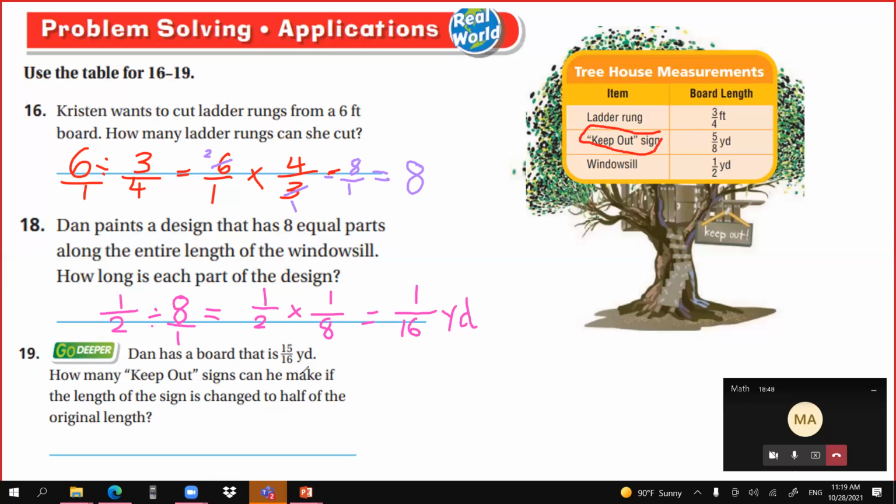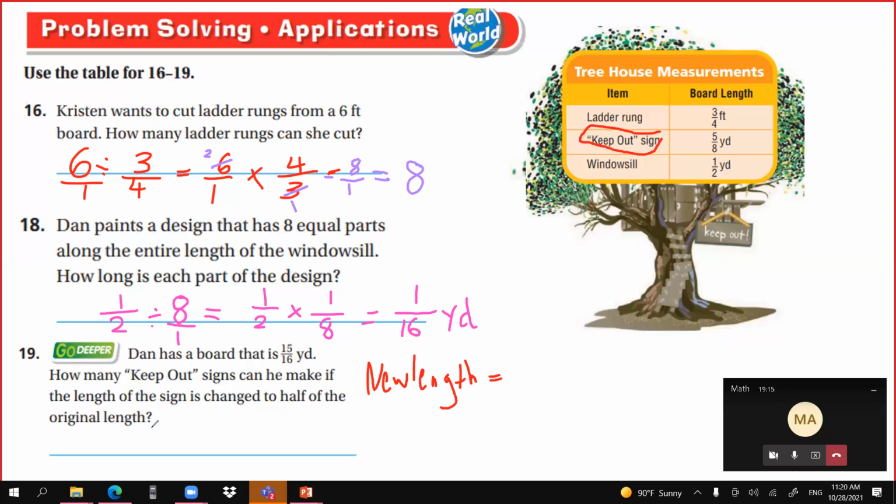And he wants to cut it into keep out signs, whose length is changed. It's not 5 over 8. The length here now is changed. We have a new length. How will you find the new length? They told me that the length of the sign is changed to half of the original length.